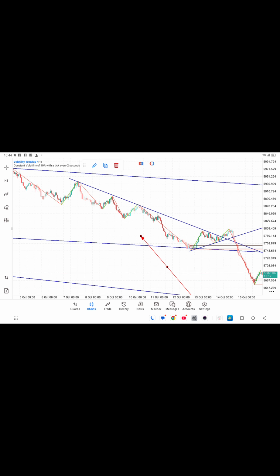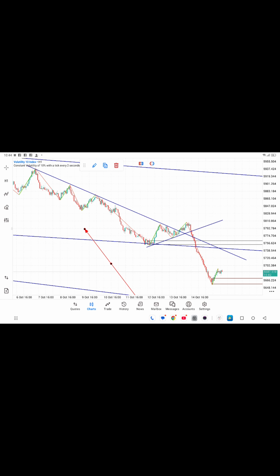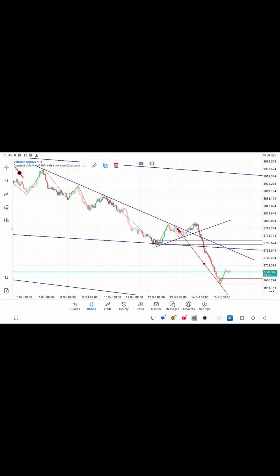See here, we had our first touch, second touch, third touch, first, second, third, fourth, then we had a breakout, and then imagine. Although there was no retest here, we had a breakout. This is on 1 hour. We were expecting the market to come back and retest, but instead of retesting, the market continued the sell.